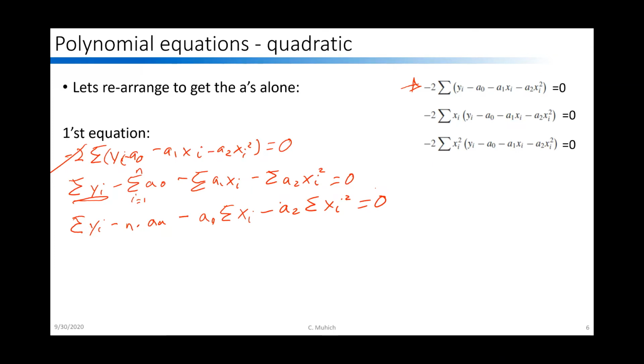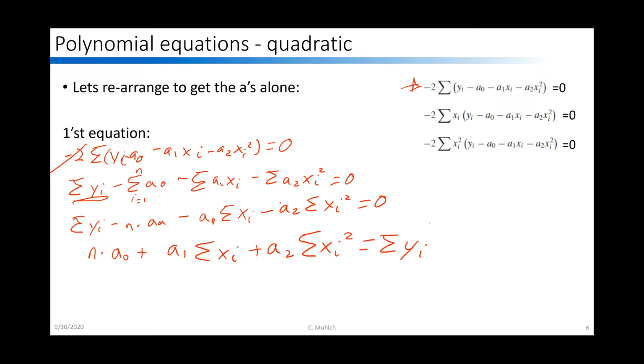Now I can rearrange this so I have all the A's on one side and anything that doesn't have an A on the other side. If I do this, I have n times A0 plus A1 times my sum of xi plus A2 times the sum of xi squared, and all of that is going to be equal to the sum of my yi's.